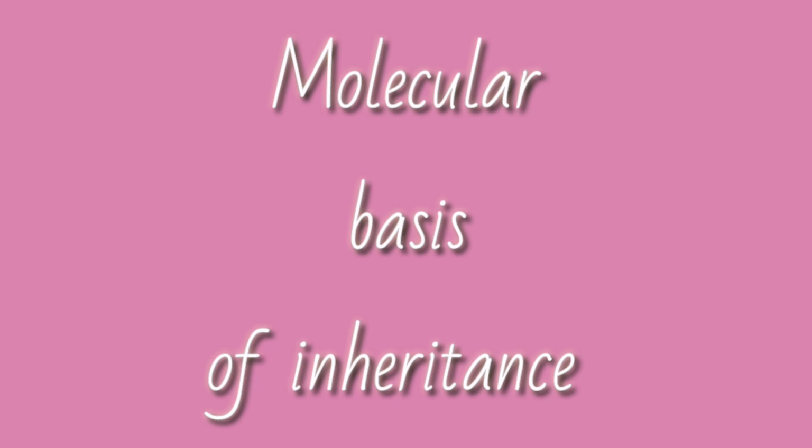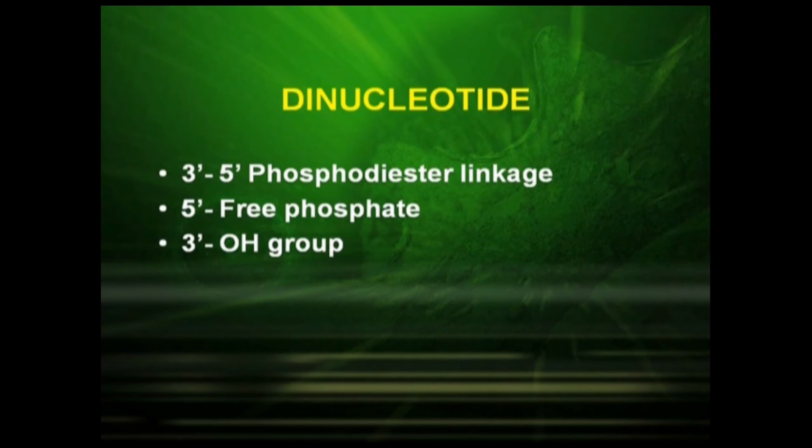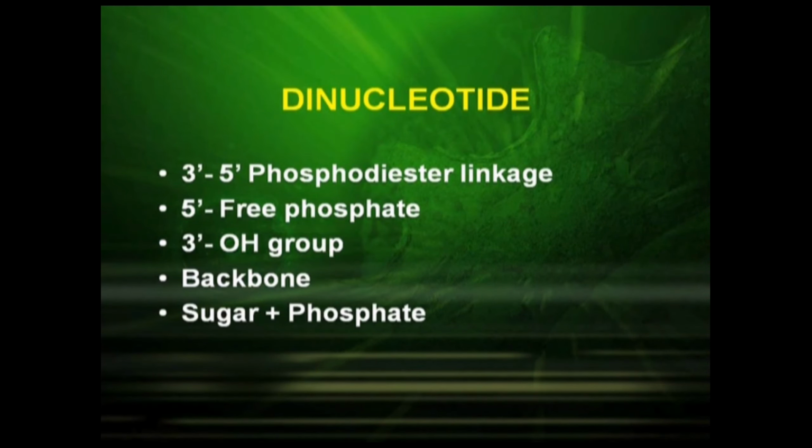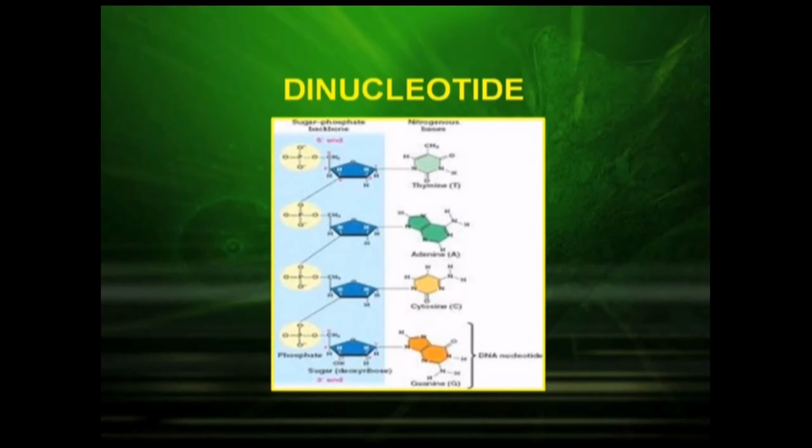Now let us see how two mononucleotides are joined together to form a dinucleotide. A 3'-5' phosphodiester linkage joins the two nucleotides together. There is a free 5' phosphate group and the backbone is made up of sugar and phosphate. Let us understand with the help of the following picture.